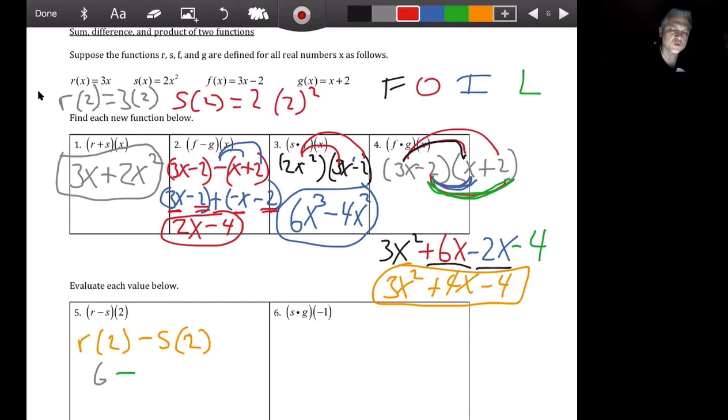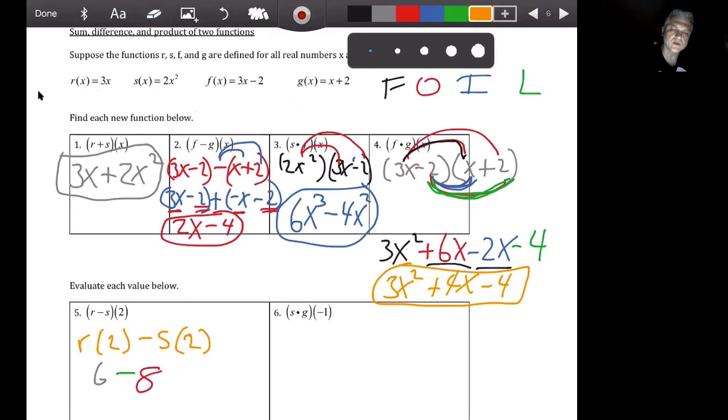Well, 2 times 2 squared, you square the 2 first because you do the exponents before the multiplying. You get 4 times 2, it's 8. So when it's all said and done, we found S of 2 and R of 2, and this just says subtract them, R of 2 minus S of 2. So 6 minus 8 is negative 2.